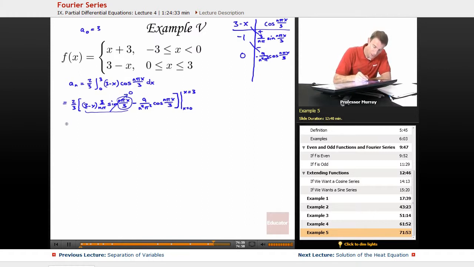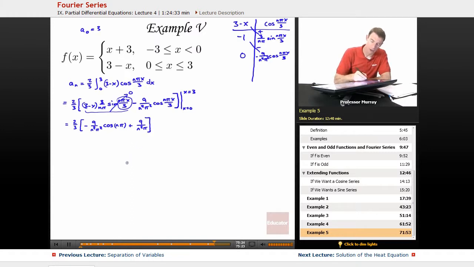So I still have 2/3, now for the cosine term: minus 9 over n squared pi squared times cosine of n pi times 3 over 3, so just cosine of n pi, plus 9 over n squared pi squared times cosine of 0, which is just 1.